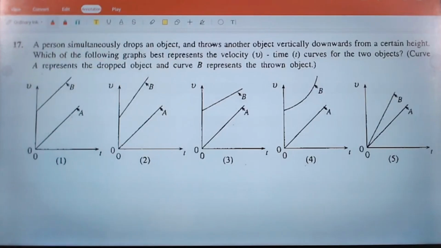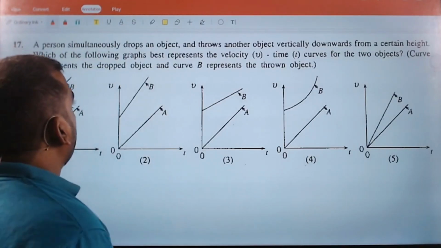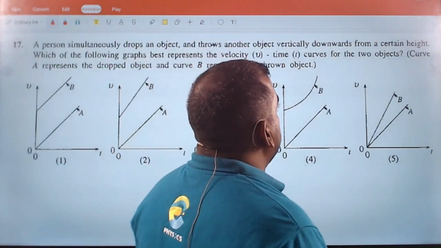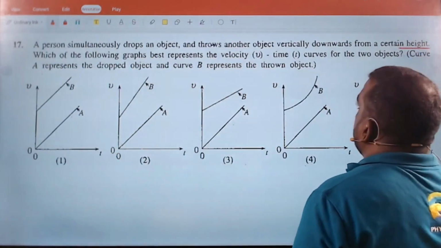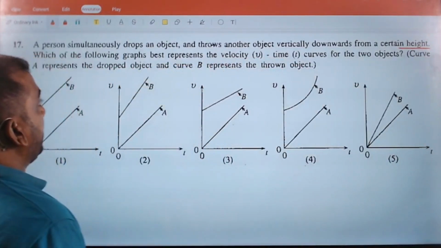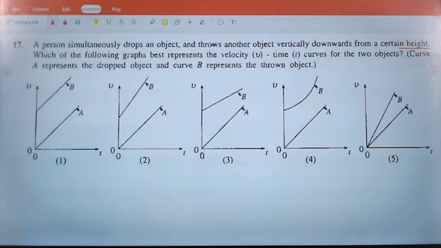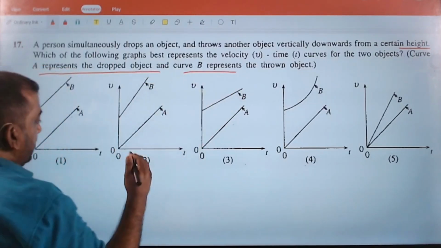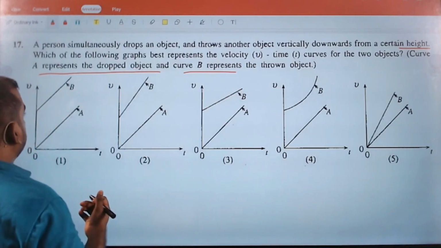Question 17. A person simultaneously drops an object and throws another object vertically downwards from a certain height. Which of the following graphs best represents the VT graph? A represents the dropped object, B is the thrown object. Dropping an object means starting from rest.